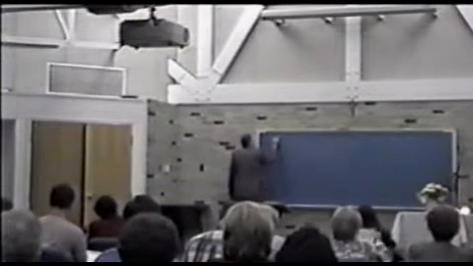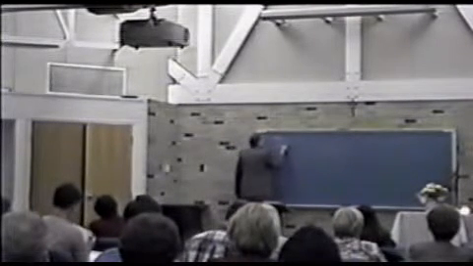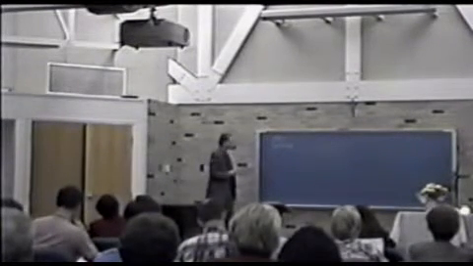For the historical books, we said that there were 5 subdivisions. You have the Pentateuch, a Greek word meaning 5 scrolls. That's equivalent to what the Jews call the Torah.